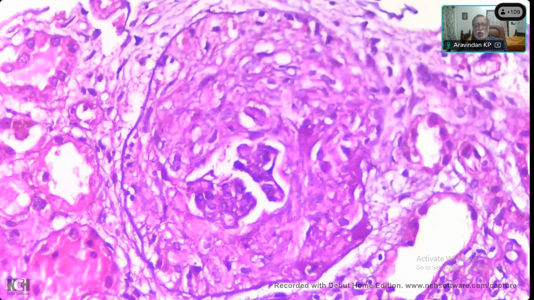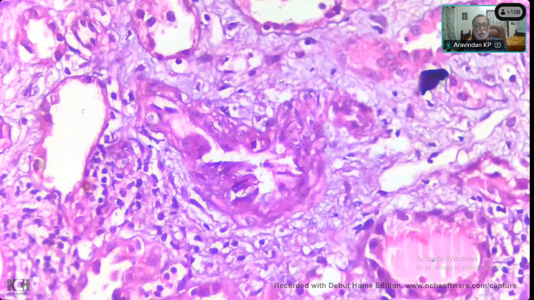What do these crescents contain? What are the type of cells that you see within these crescents? Epithelial cells. In addition to that, there will be macrophages. There will be a lot of fibrin also. A lot of fibrinous exudate, macrophages, epithelial cells all together form the crescent. And some tubular damage is there here and there, and a lot of edema.